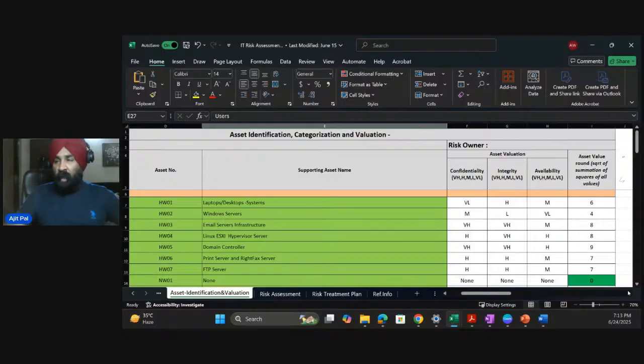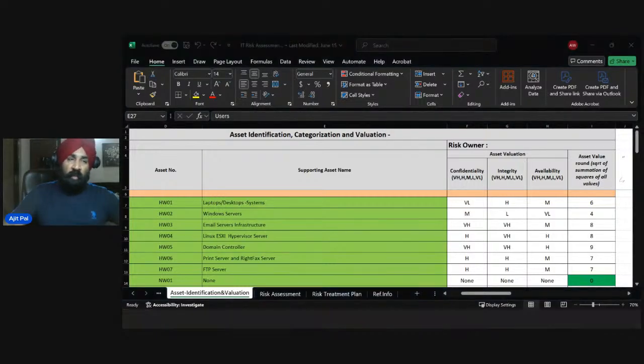So this gave us an asset value. Now we can also decide that any asset having an asset value below 5, we won't consider it for risk assessment and treatment. So this is how asset and information valuation is done.